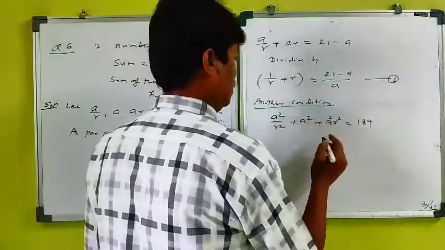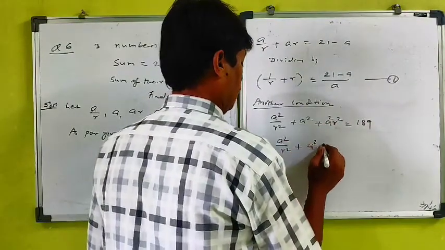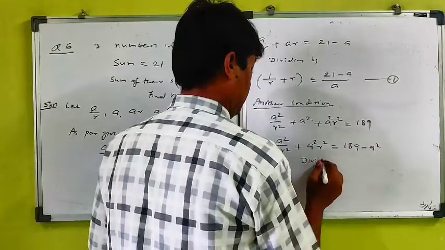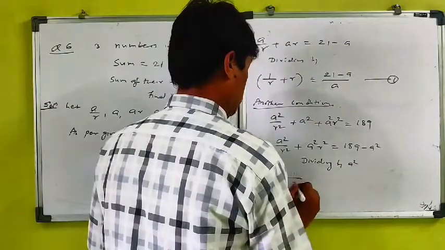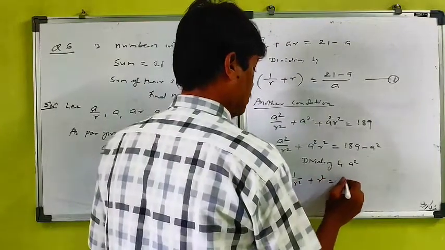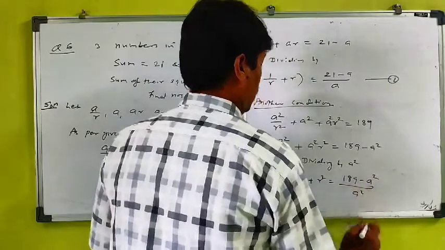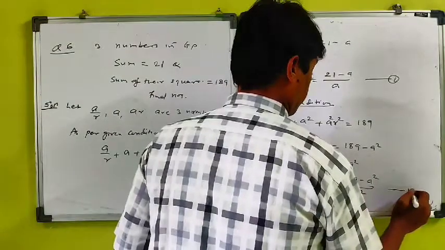So A square upon R square plus A square plus A square R square is 189. Dividing by A square, 1 upon R square plus 1 plus R square is 189 upon A square. So that is number 2.